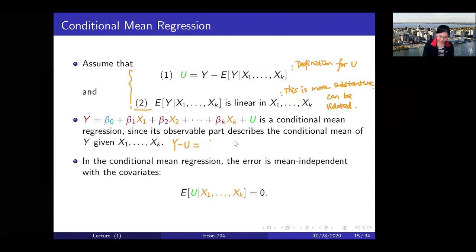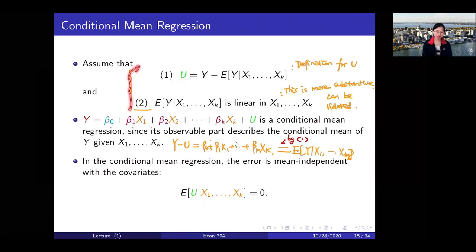From this linear equation, we know y minus u is beta 0 plus beta 1 x1 plus ... plus beta k xk, and that is equal to E of y given x1 to xk. This is by assumption 1. So that is not surprising.